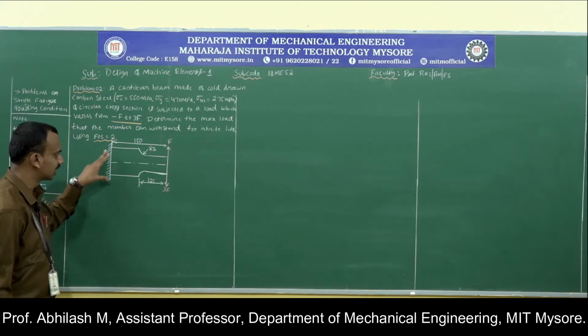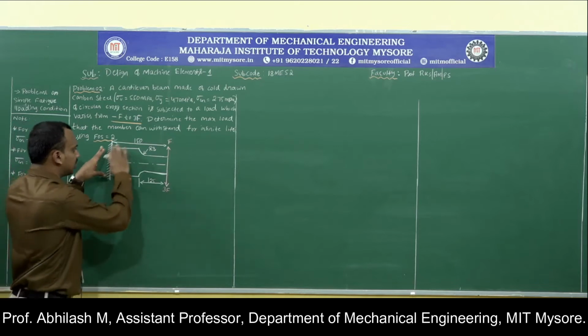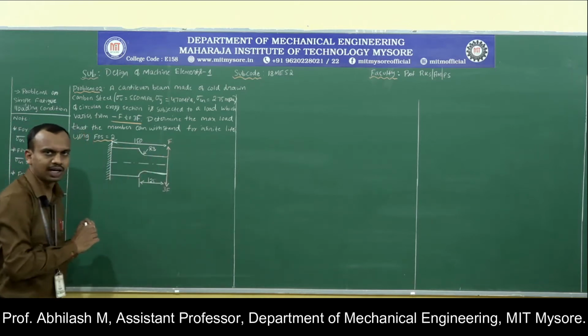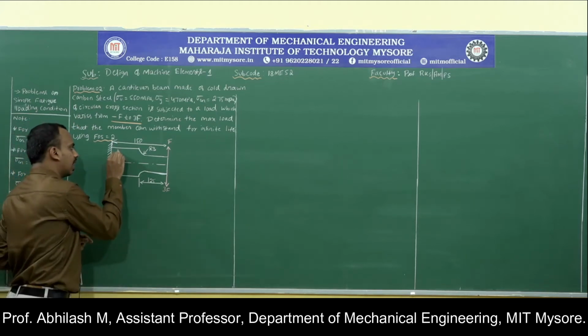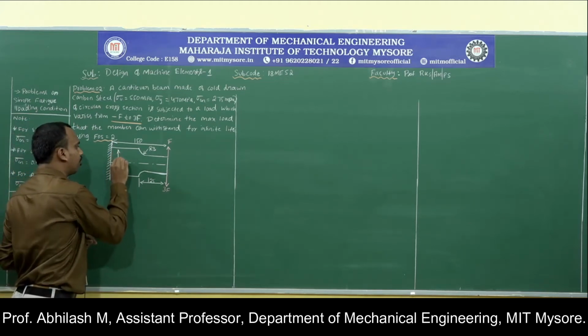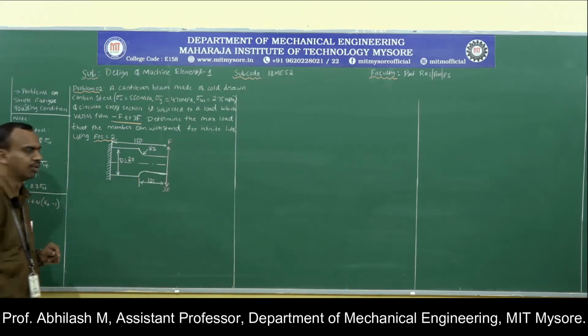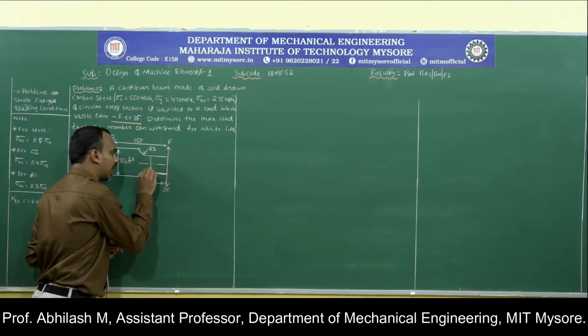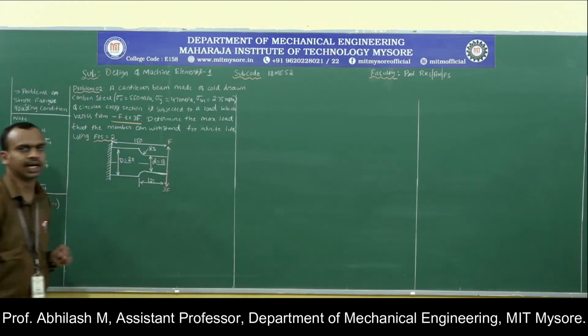So let us see the sketch they have given. Here they have given a stepped bar with a circular cross section having a capital D of 20 millimeter, and the step down diameter small d is 13 millimeter.